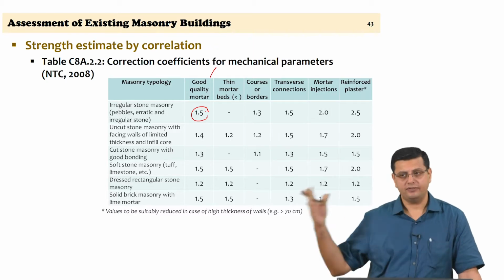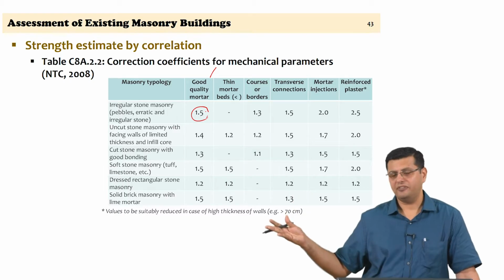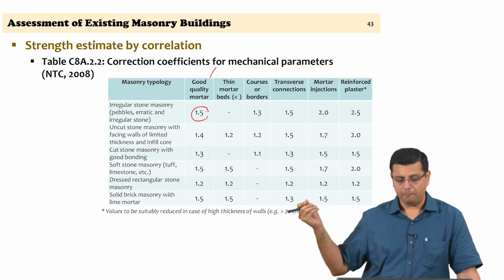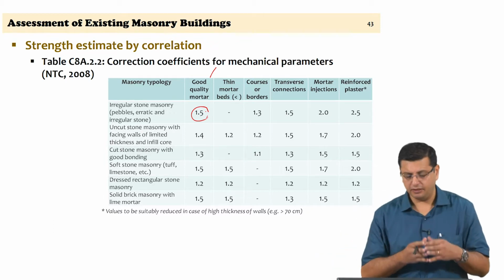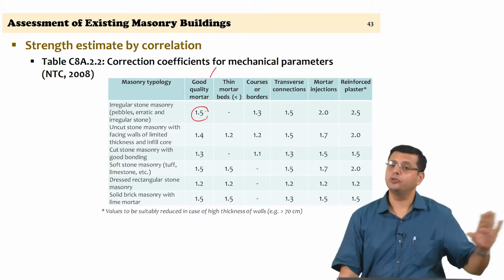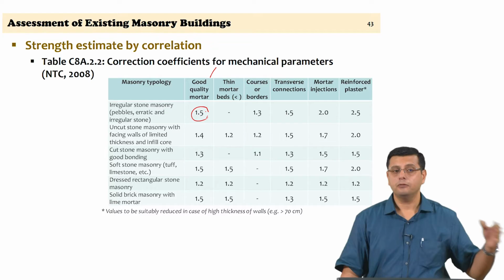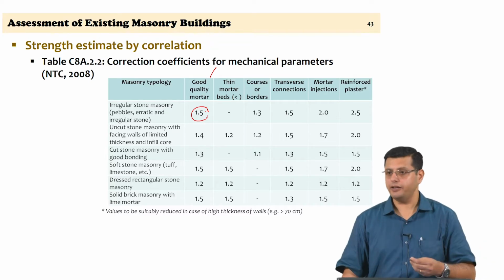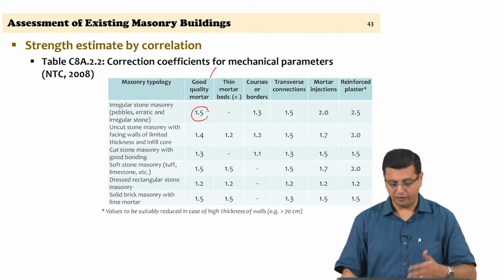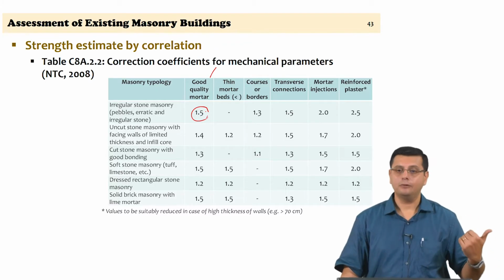So, let us say I have done this test, I find that the mortar is average, it is poor, it is nothing that is holding the structure together so well, then I continue to use the values that are there in the previous table. But if I see that the quality of mortar is really good, then I can actually increase those values by a factor, for example 1.5 multiplied by the lower bound and the upper bound values in the previous slide.